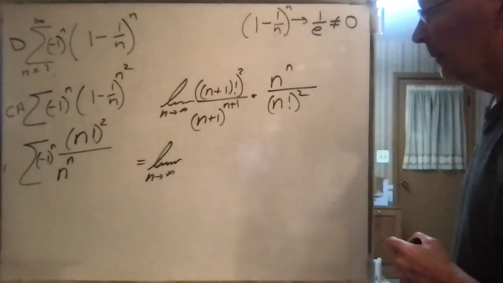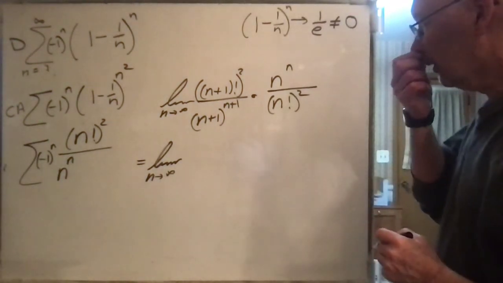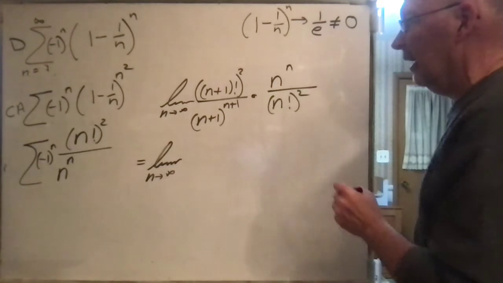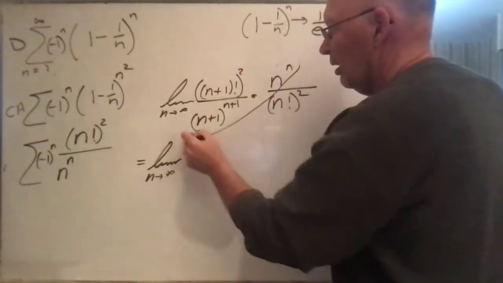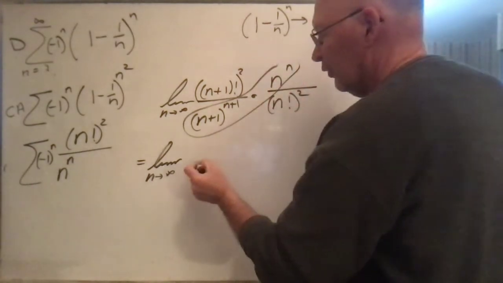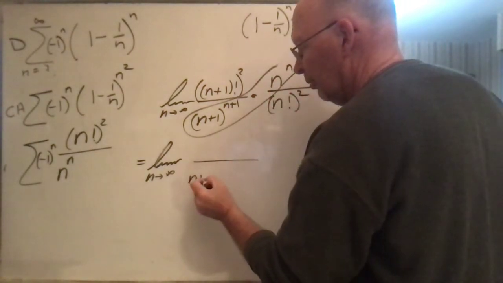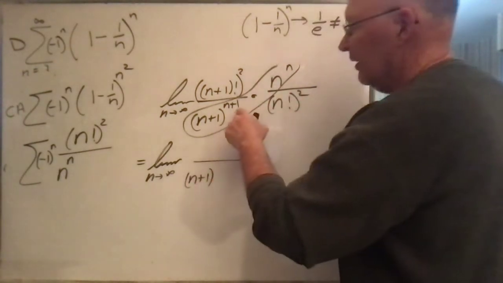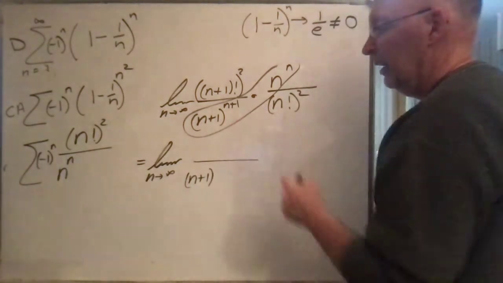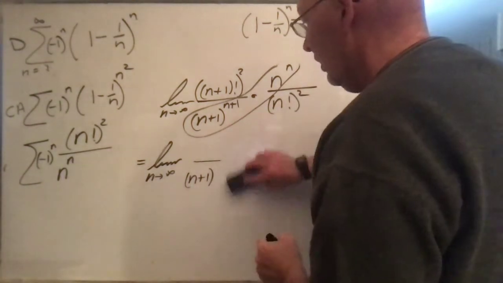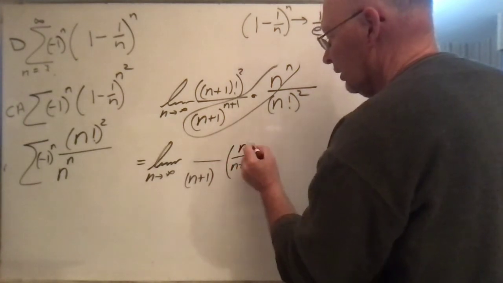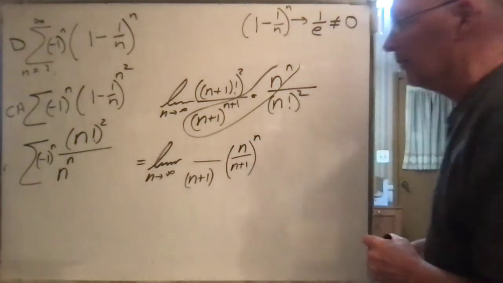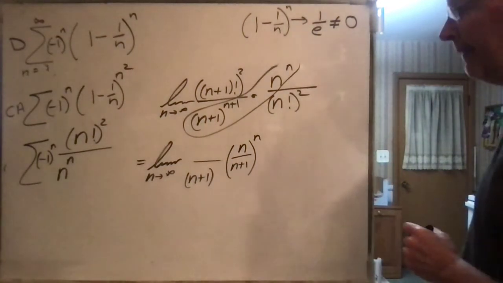Let's do the fishing stuff. Clean the fish. And let's see. One thing I can do with these is I can first of all take an n plus 1 out of the bottom. That takes care of this 1 right there. And then I'm left with n over n plus 1 to the n power. So I'm left with that.